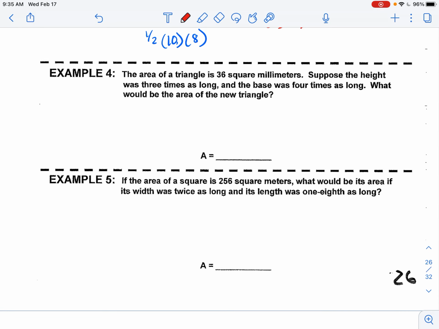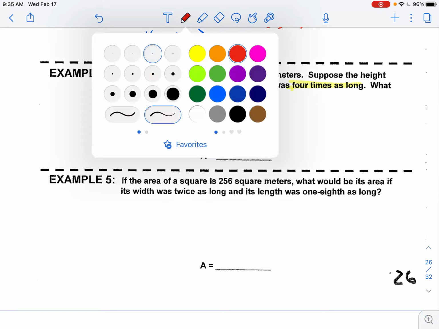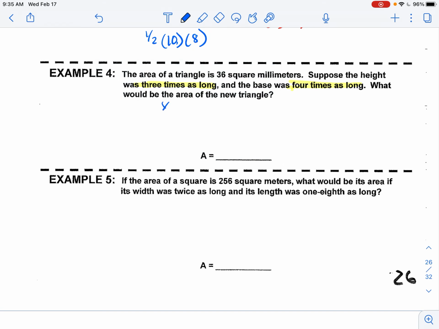In example 4, the area of the triangle is 36 square millimeters. Suppose the height was 3 times as long and the base was 4 times as long. Okay, so that means we're going to times 3 and times 4. I know my scale factor is going to be 12, 4 times 3, which is 12.